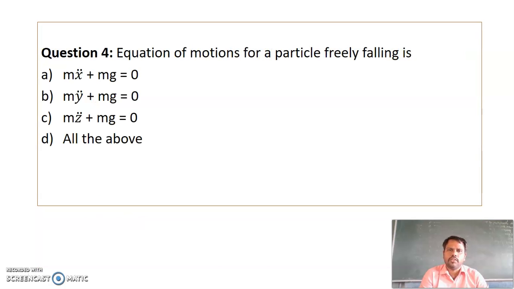Equation of motion for a freely falling particle: if you choose the z coordinate, we get m z double dot plus mg is equal to 0. We can choose x as well as y, so the equations will remain the same. So the answer is all the above.